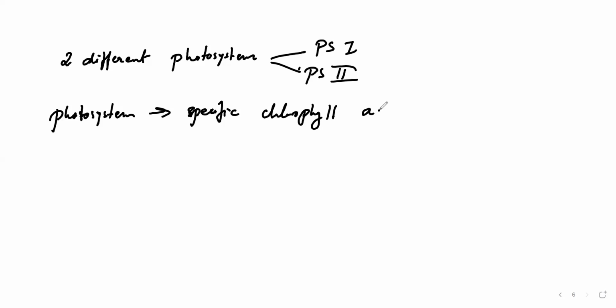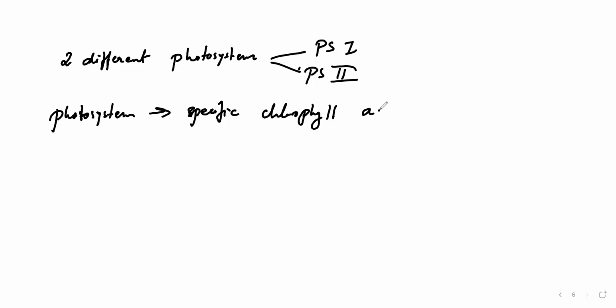Whatever chlorophyll A is there forms the major central part of this photosystem, which takes the sunlight. It acts basically as an antenna, so it will take all the sunlight and provide it to the particular photosynthesis reaction.